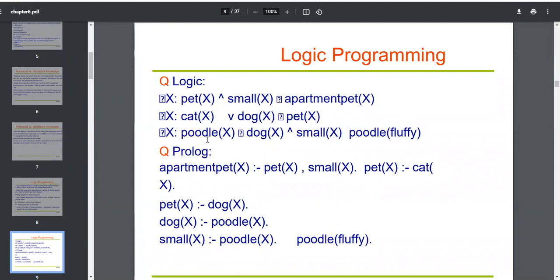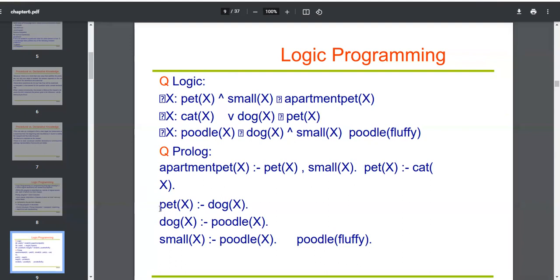What is the third statement? For all x, poodle x implies dog x and small x, and poodle fluffy.